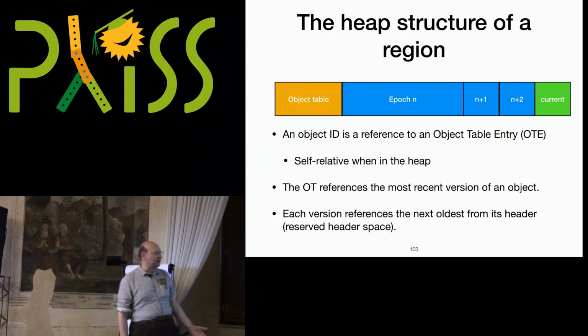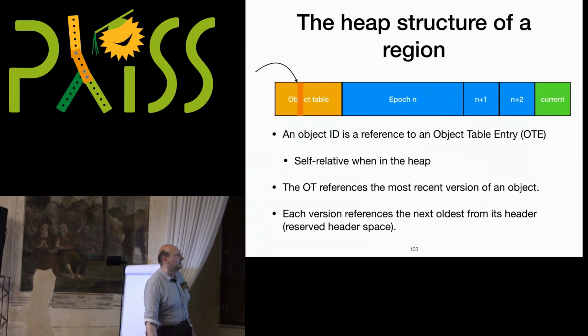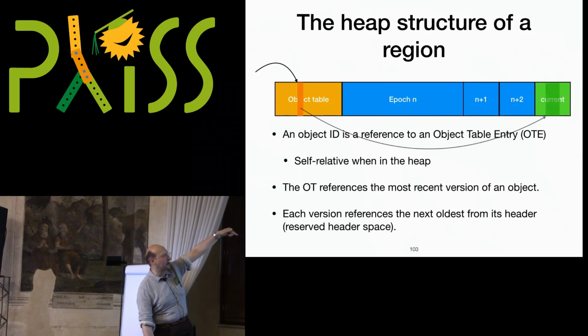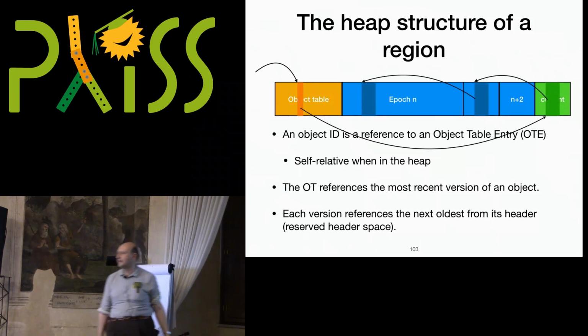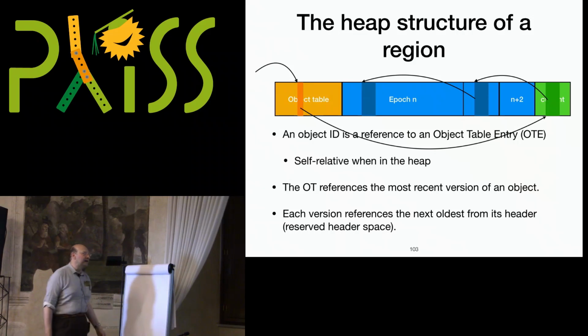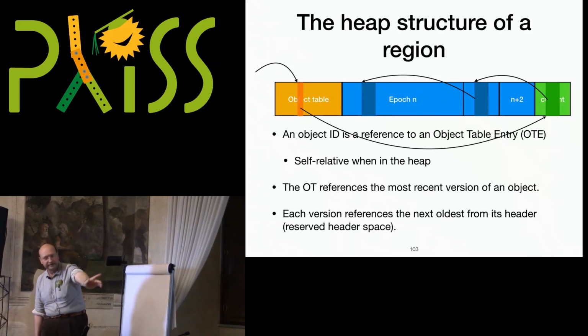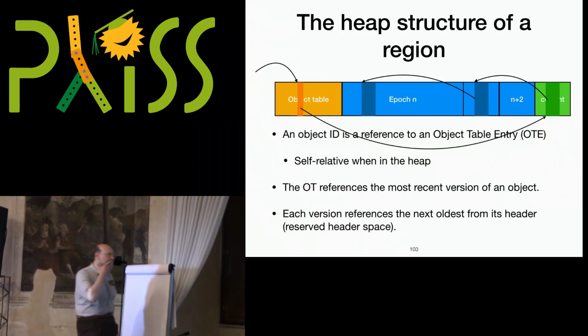The object table reference is the most recent version, the working copy in the current epoch, and each version refers to its predecessor. And so recovery is just a question of going through the object table, finding things that point into the green bit, winding the object table back to point into some blue stuff, and then you can restart.